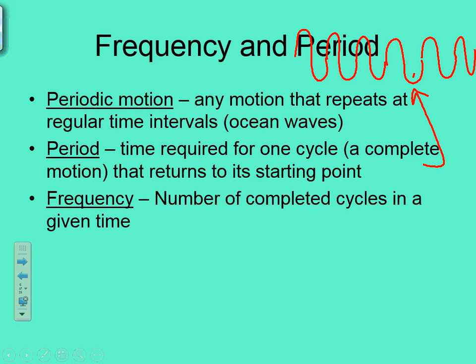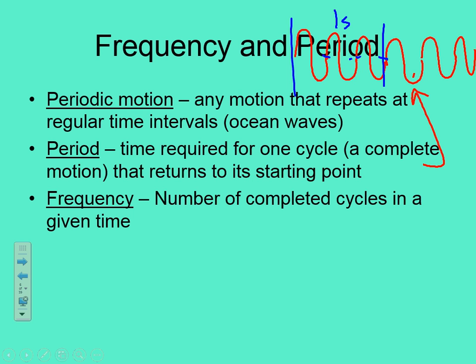Frequency is the number of up and downs in a given amount of time. Typically we ask, how often can that wave go up and down in 1 second? So if that wave can go up and down 3 times in 1 second, 1, 2, 3, and this blue is 1 second, we're going to refer to this as the wave's frequency.